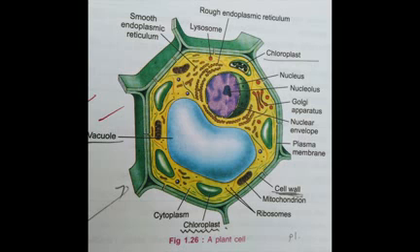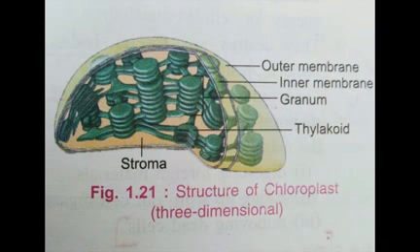Now, whatever I will explain next is present only in plant cells, like plastids. Plastids are found in plant cells only. Plastids are double membrane bounded structures.